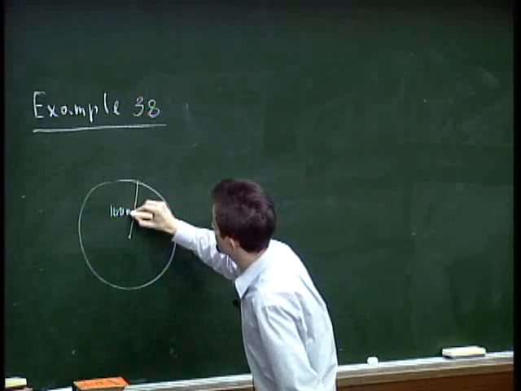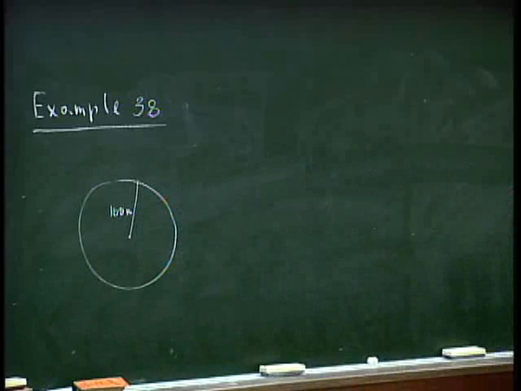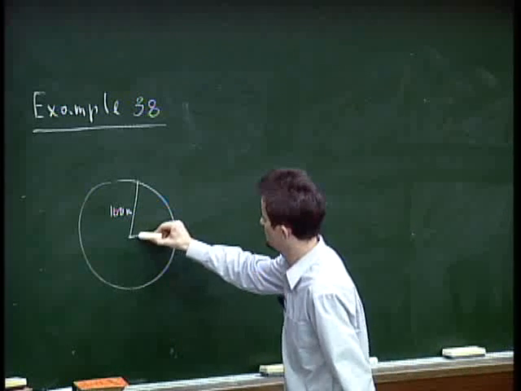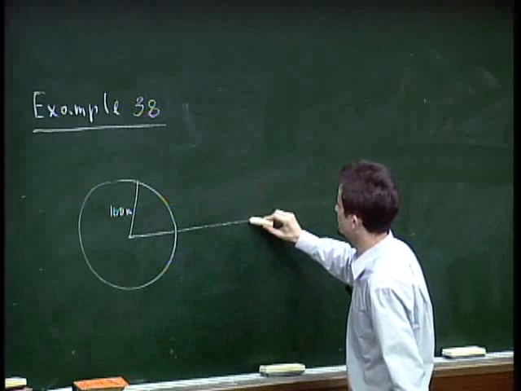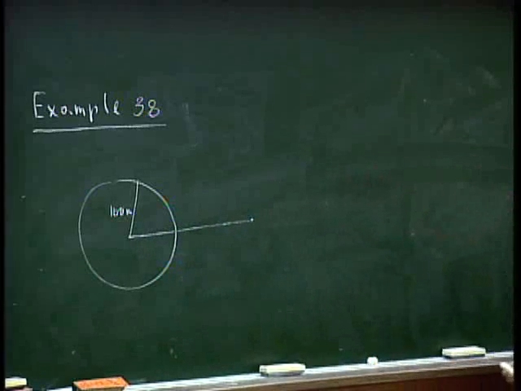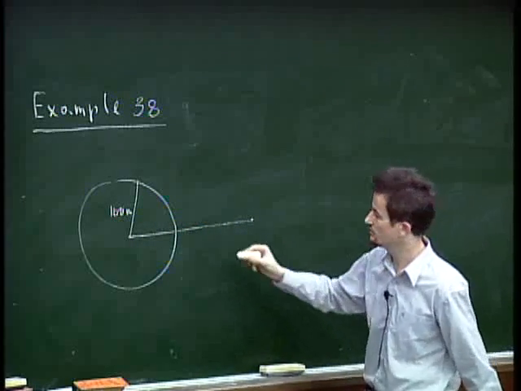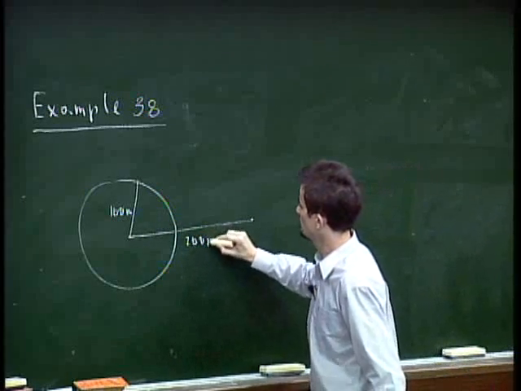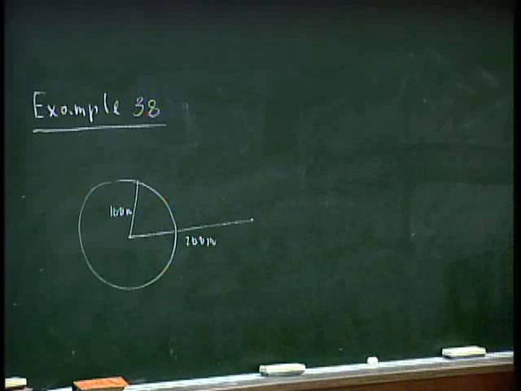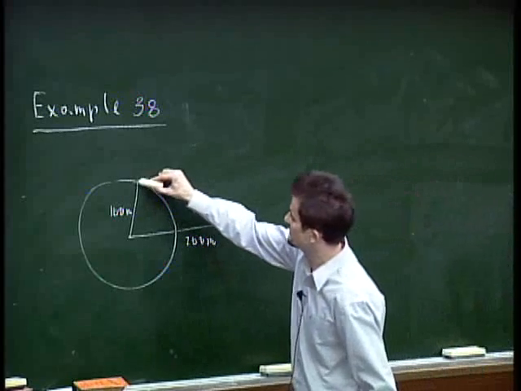And we know that the friend is standing 200 meters away from the center. So maybe the friend is standing here. Okay. So this is the position of the sprinter. This is the position of the friend here. We have here 200 meters. Okay, now what we are interested in is this distance here.